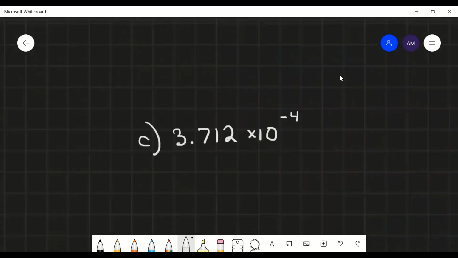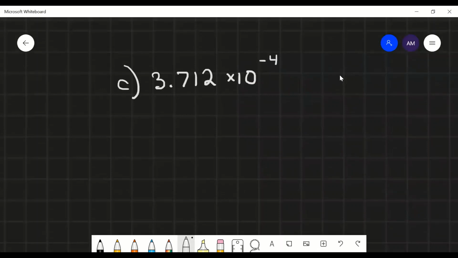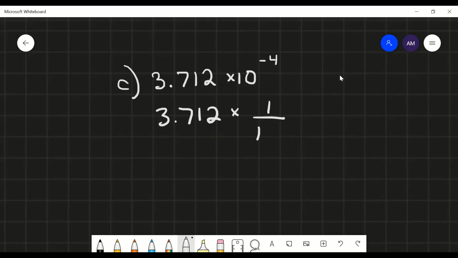Here's another example. 3.712 times 10 to the negative 4. Well, let's remember what happens when we have a negative exponent. It actually means we're multiplying by 1 divided by 10 to the power of 4.